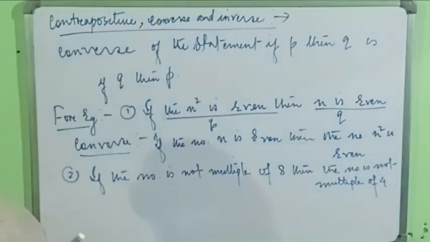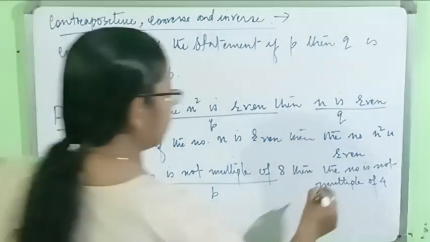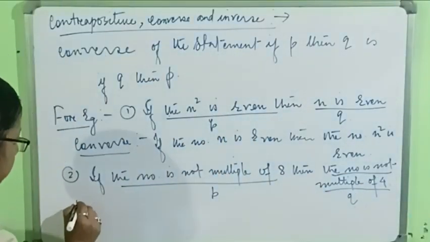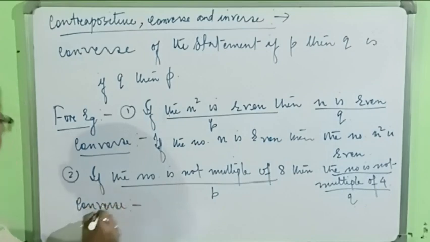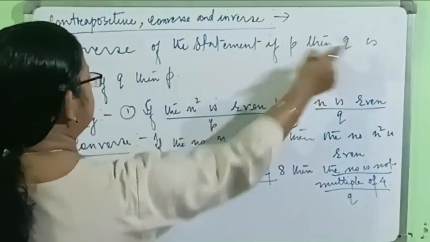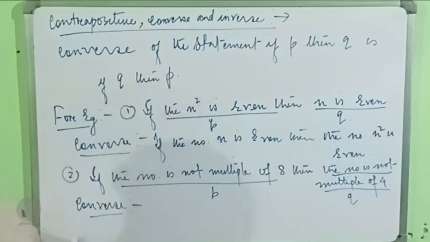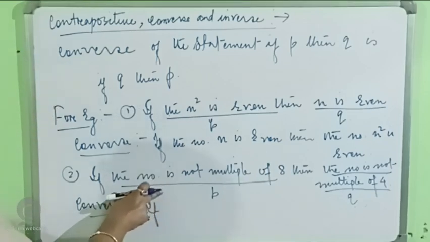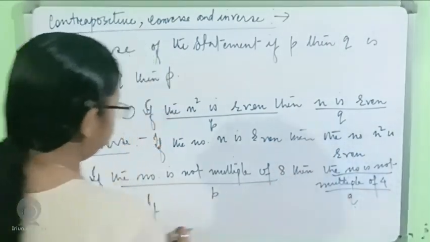Here this is my P and this is Q. So the converse of this, as per the rule, is if Q then P. So write the converse of this conditional statement.